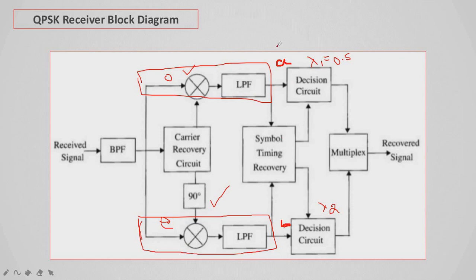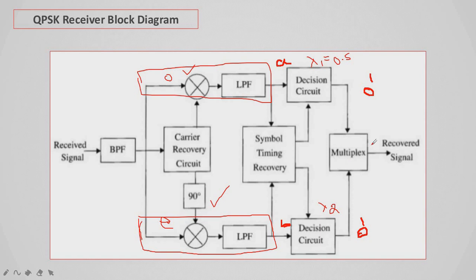Now if your A is greater than 0.5 then the binary will be 1. Okay, and if A is less than 0.5 then the binary will be 0. So this is the logic. This is the decision device. Similarly, if B is greater than lambda 2 then the binary will be 1. If B is less than lambda 2 then the binary will be 0.